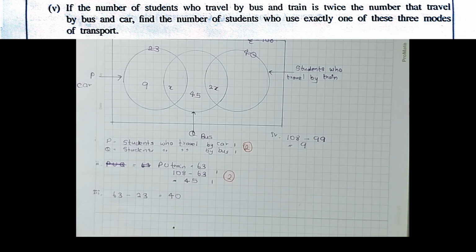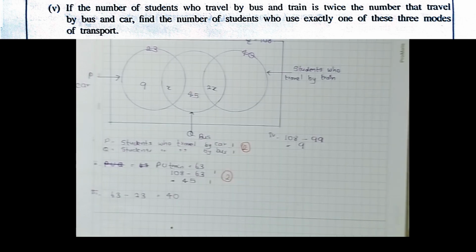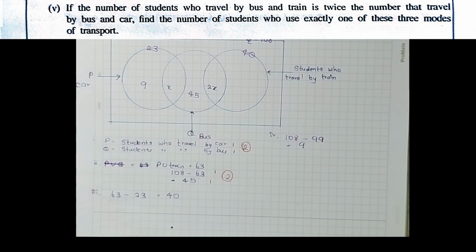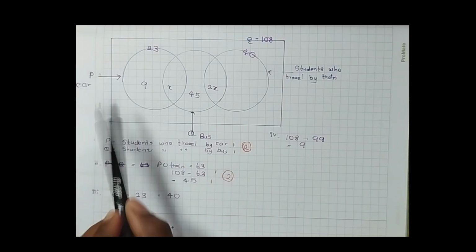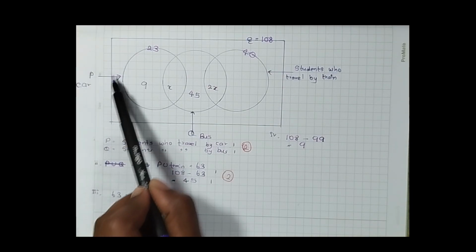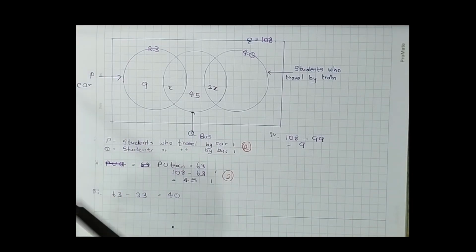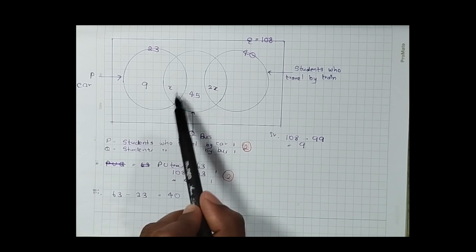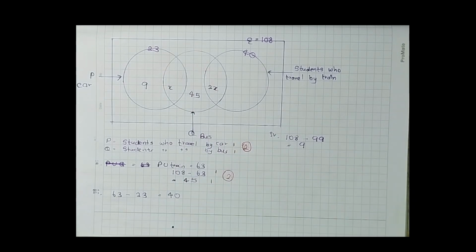Find the number of students who use exactly one of these 3 modes of transport. They are asking only one mode. Now we know 9 students only use car, 45 students only use bus.